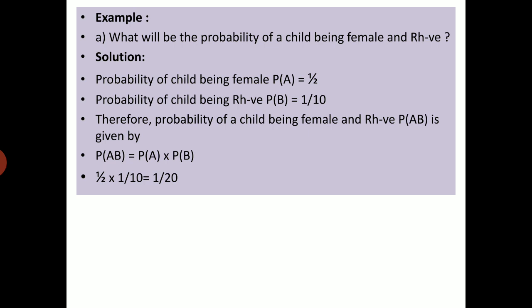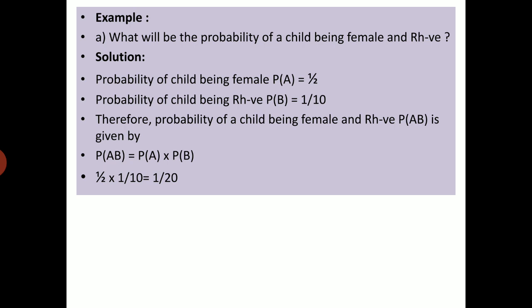So example: what will be the probability of a child being female and RH negative? Probability of child being female, that is P(A), is 1 half. Probability of child being RH negative, P(B), is equal to 1 out of 10.